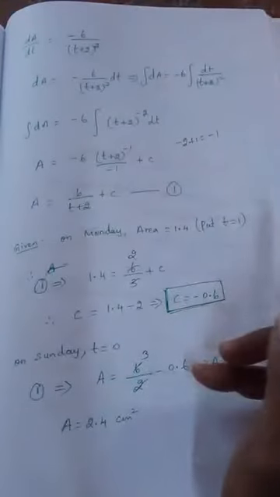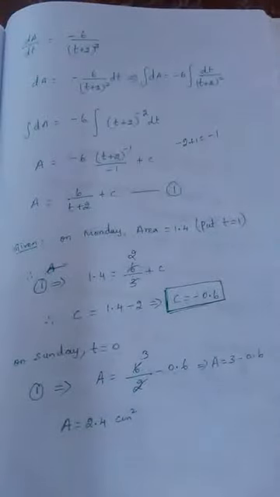We need to answer one more question: what is the area of the wound on Thursday? Sunday means 0, Monday 1, Tuesday 2, Wednesday 3, so Thursday means t is equal to 4.